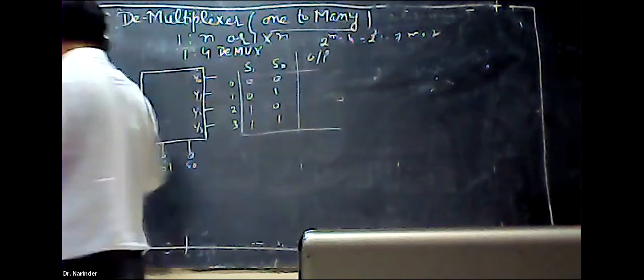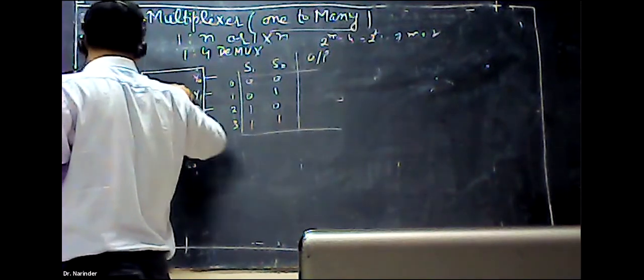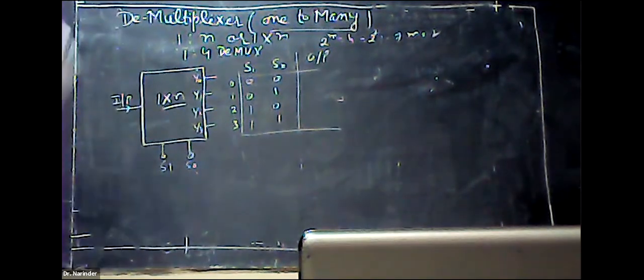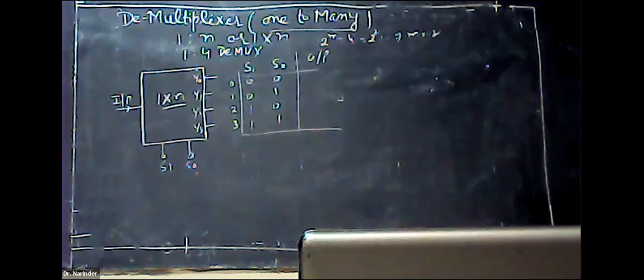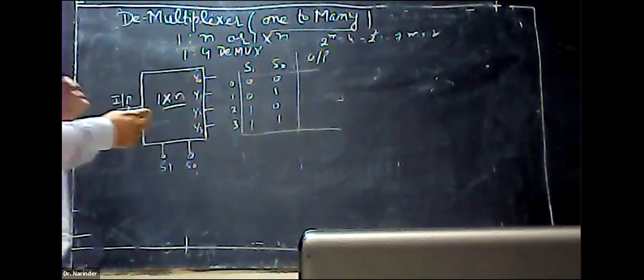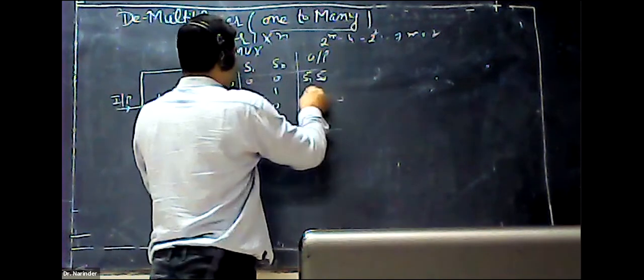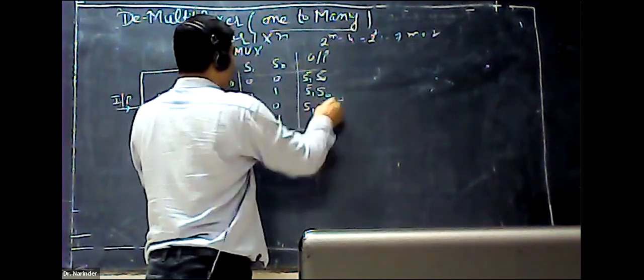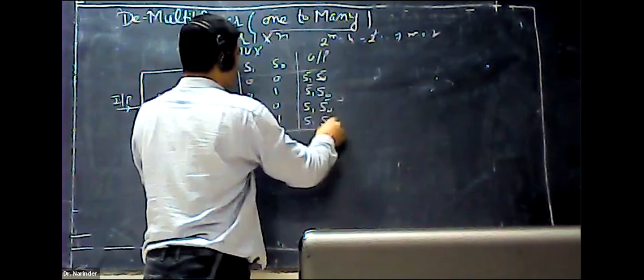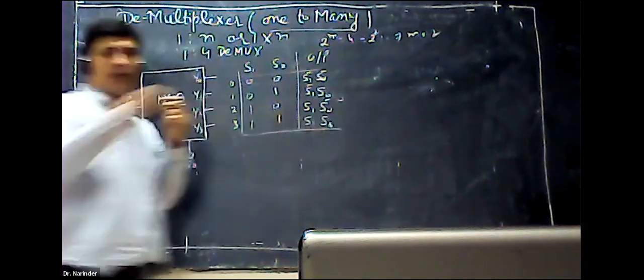It is also identical to the multiplexer in designing, but the only difference is that we will not use the OR gate at the end. So there would be S1 bar S0 bar, S1 bar S0, S1 S0 bar, S1 S0, as we have done previously in the multiplexer.